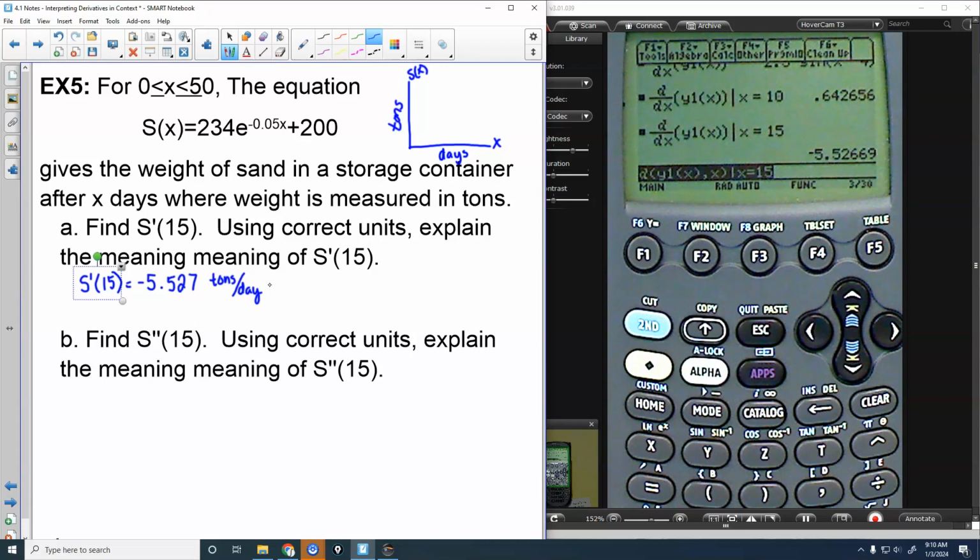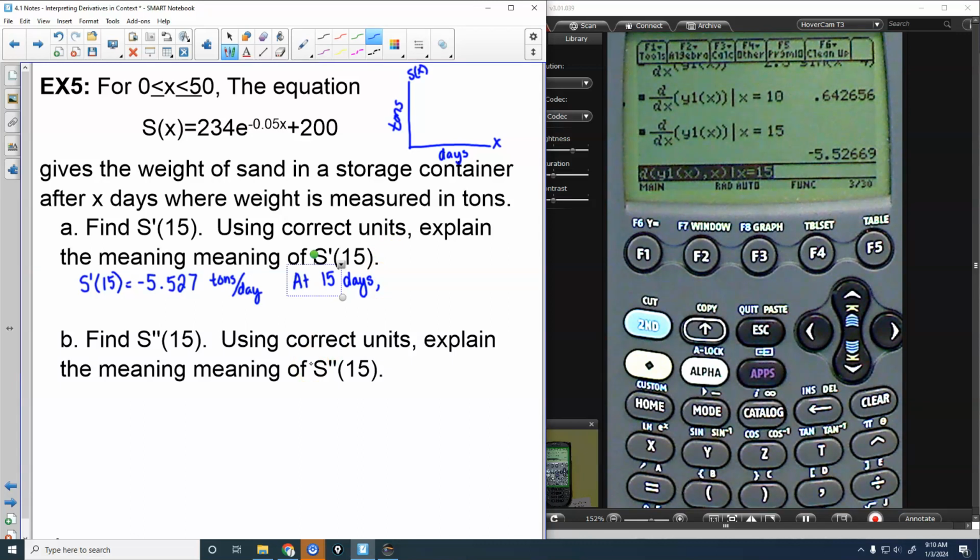I would probably say at 15 days. After is probably okay. After a little bit makes me think like the whole time up until 15. So at 15 days. So that's important. You've got to tell what time this is happening.